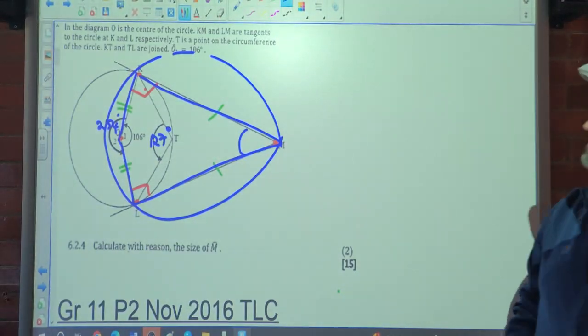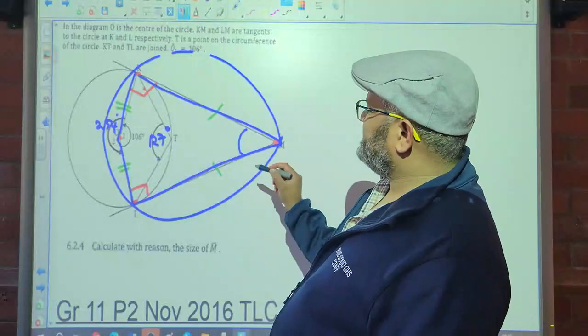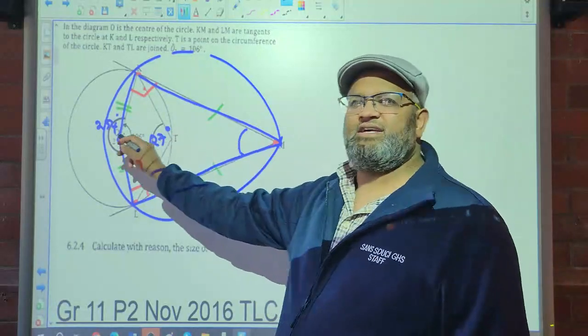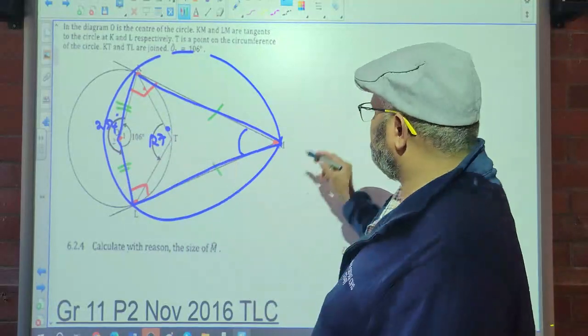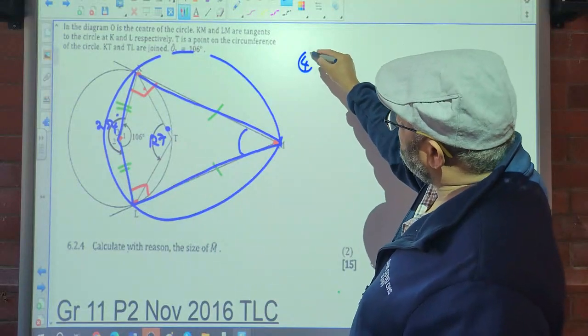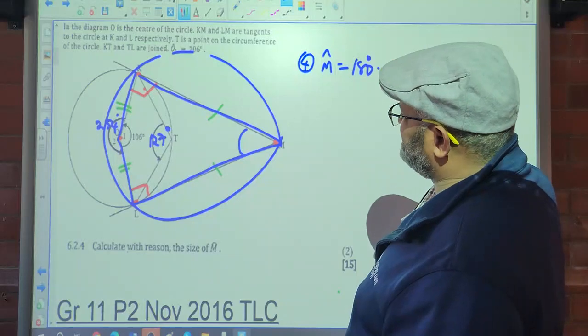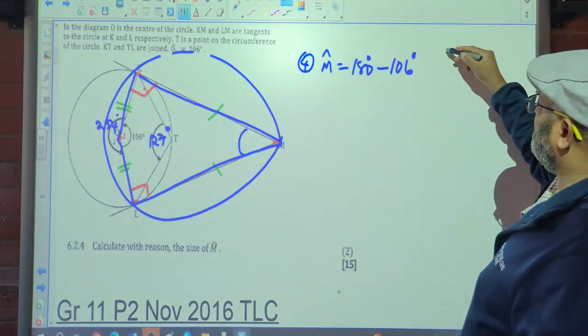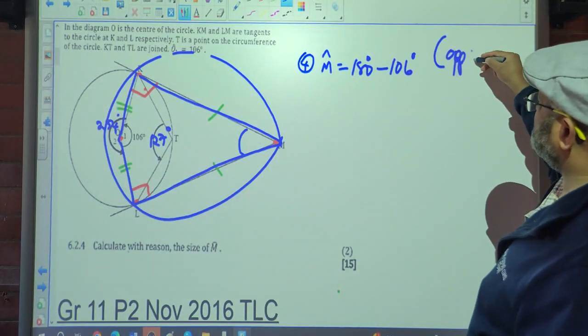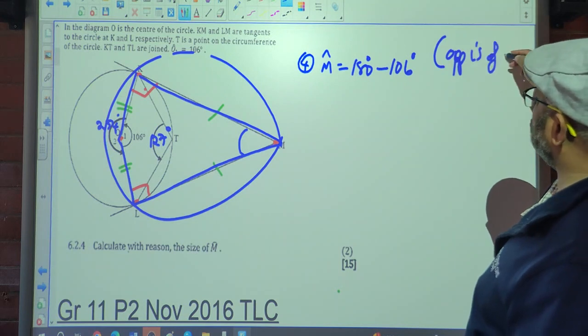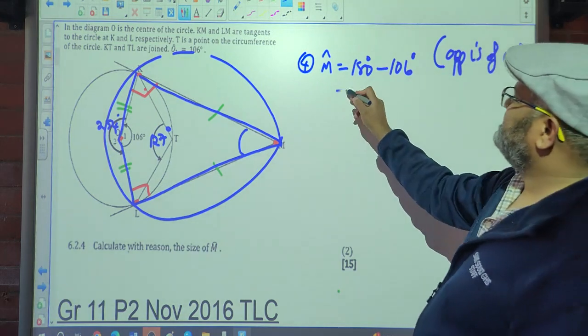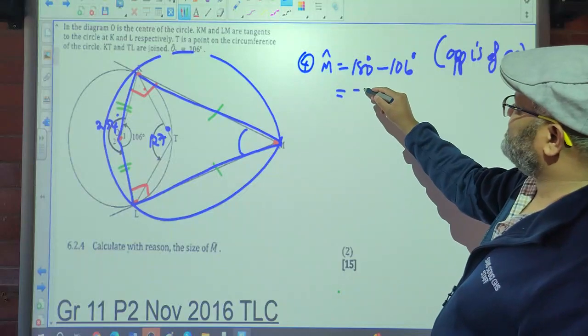So if that is cyclic, we know that opposite angles are supplementary. So angle M is equal to 180 minus 106. Why? Opposite angles of a cyclic quad. So that's going to give you an answer of 70.